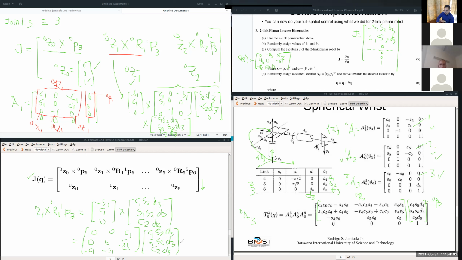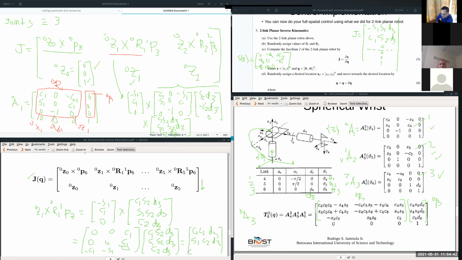Okay, is equal to, now we'll see what's the result here. The result will be just a vector. So 0, 0 times this one. So this is C1 C2 D3. Next 0, 0, and then S1. S1 times C2 D3. Next, this one. C1 times, so this is C1 squared, plus S1 squared, and 0.